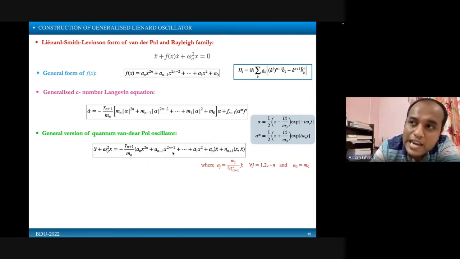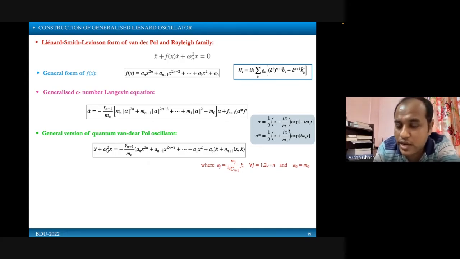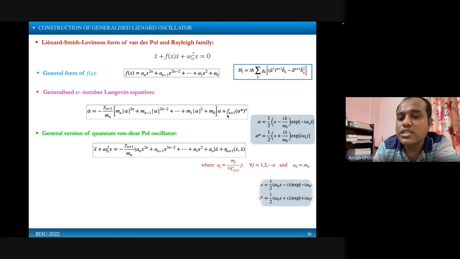What about the Rayleigh one? Exactly the same thing. There is no difference between the van der Pol and the Rayleigh as long as this description is considered. The only difference is the substitution, so they can be derived from the same C-number Langevin equations just by changing the substitution.